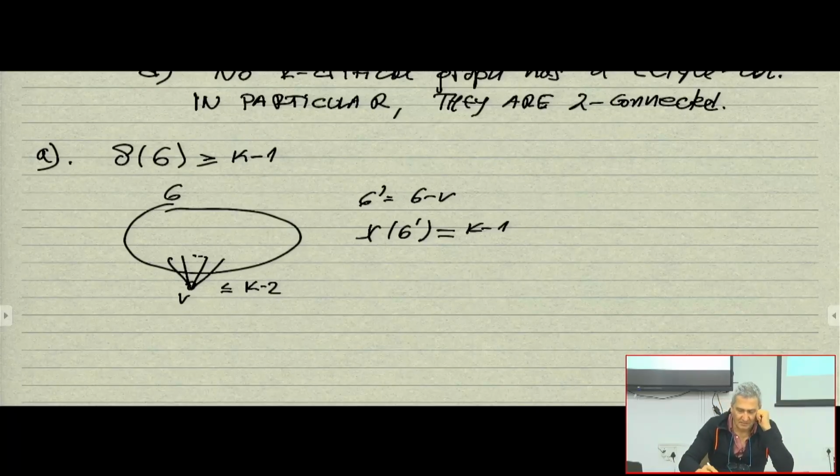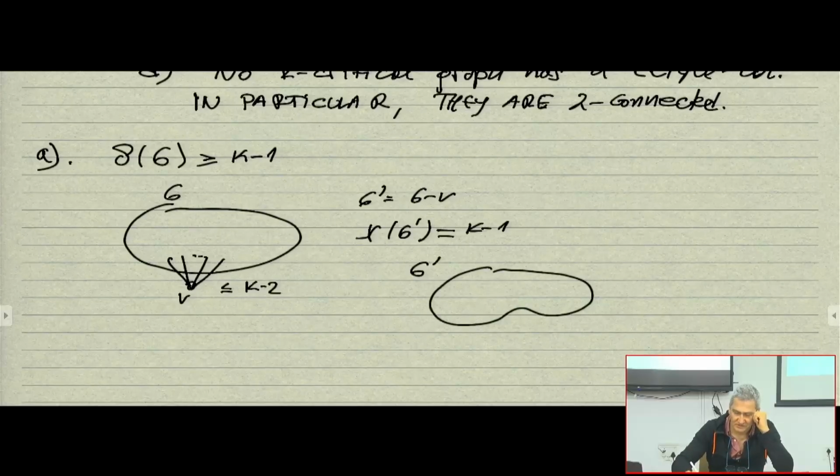We remove that. So here is G prime minus V, so this is G minus V. We color it with K minus 1 colors.